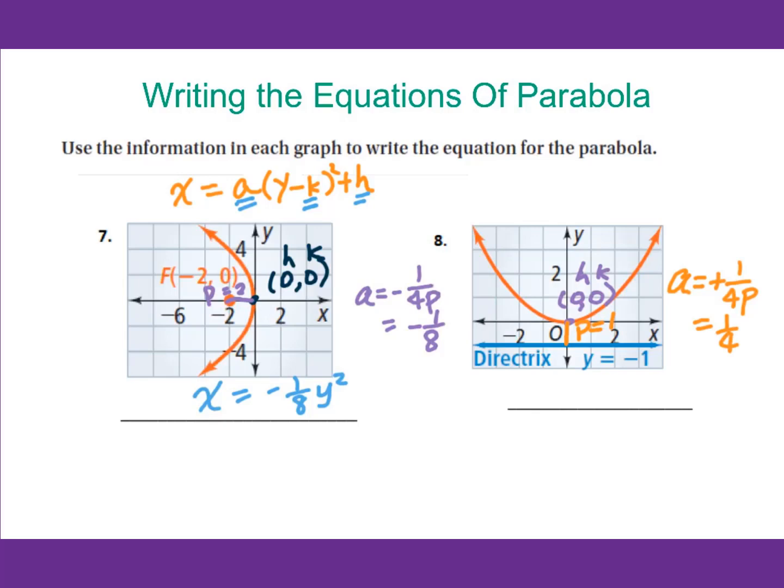This is a vertical parabola. Therefore, the vertex form is y equals a(x minus h) squared plus k. Then I plug in and got y equals 1/4 x squared.